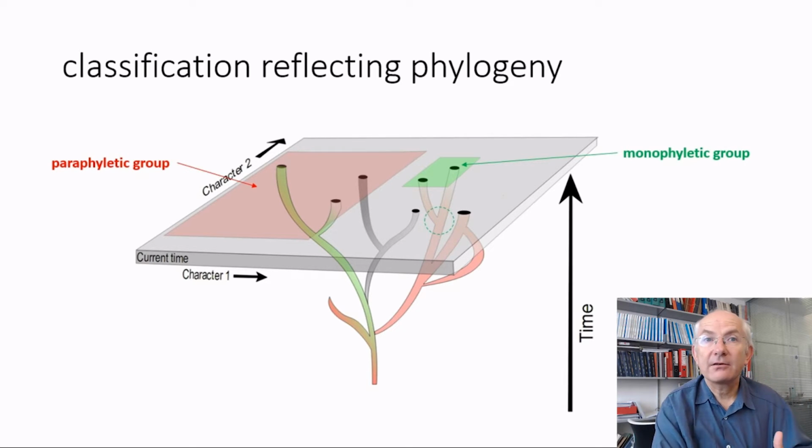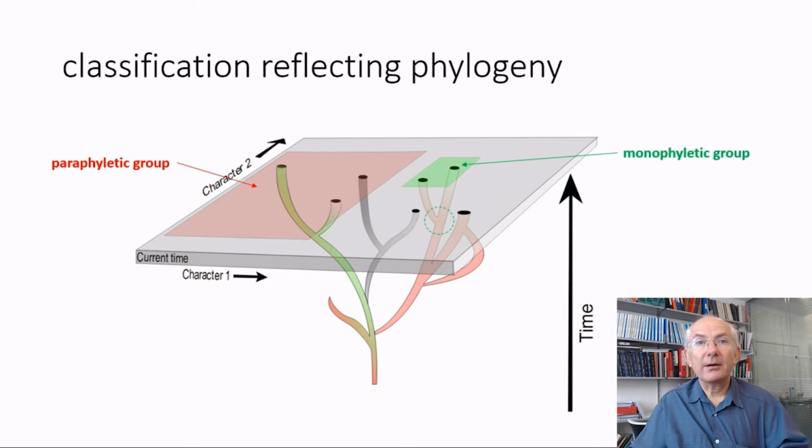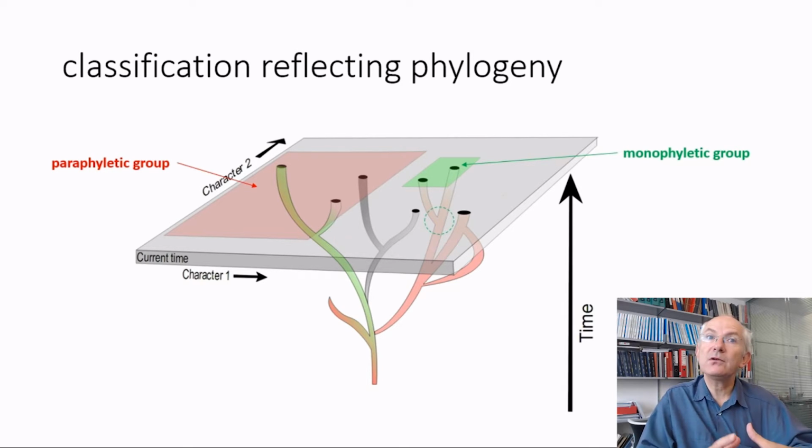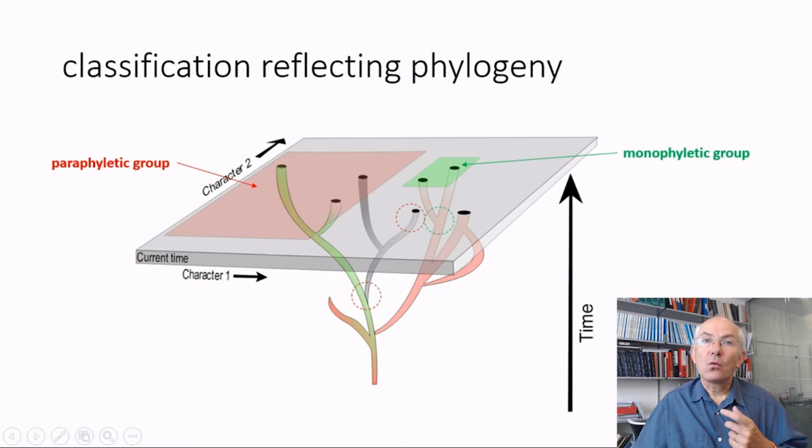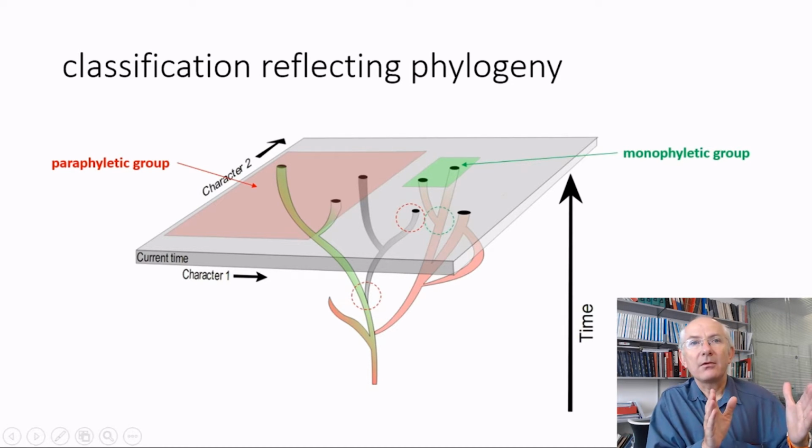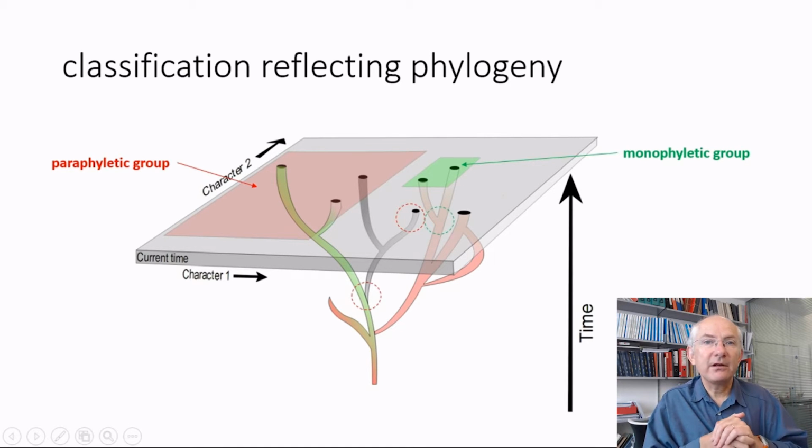The paraphyletic group in pink is called that because although it's partly successful, all of the members of that group share a common ancestor, it's not successful in that one descendant of that common ancestor lies outside the group. And that's not a good thing. It means that the group shown in pink there doesn't fully reflect the ancestry, the phylogenetics of the organisms it's describing.